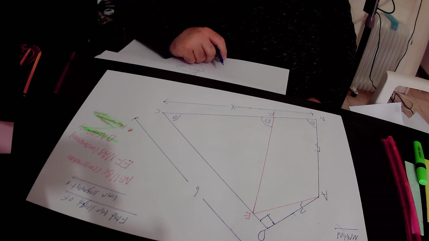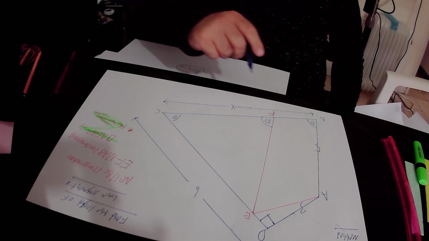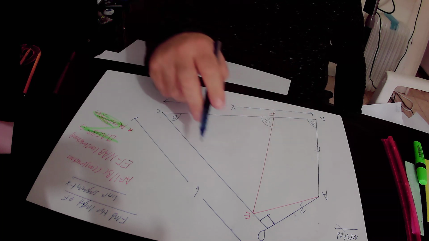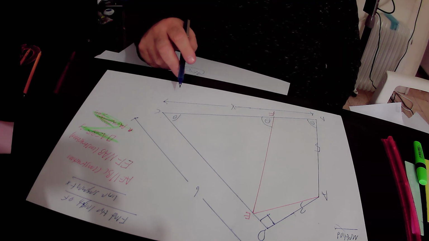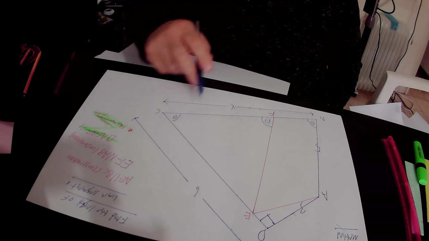Likewise, side AE is parallel to BC according to our construction. AE is parallel to BC.